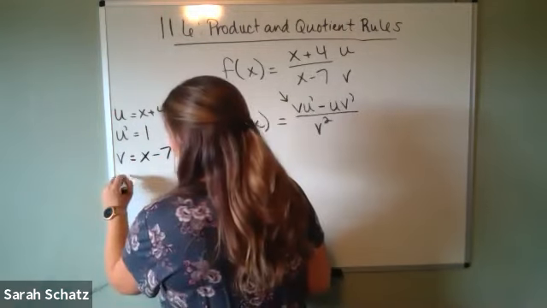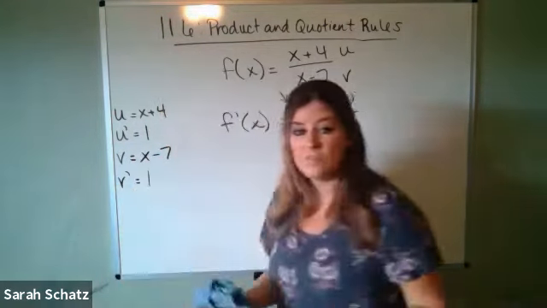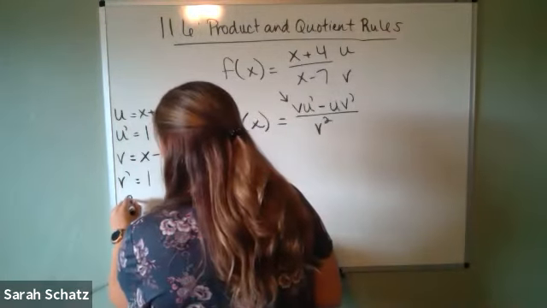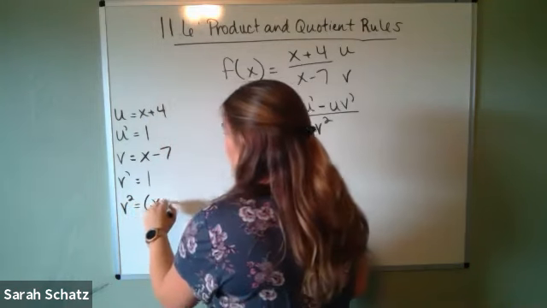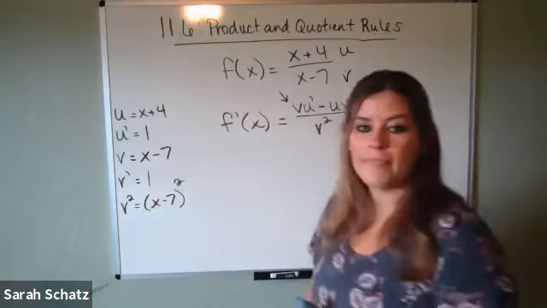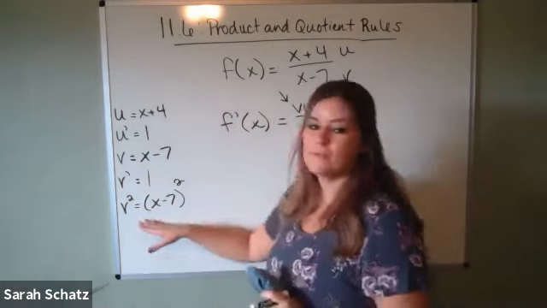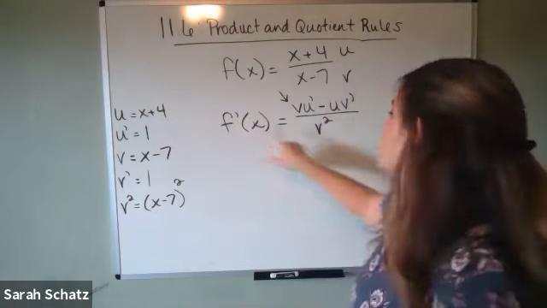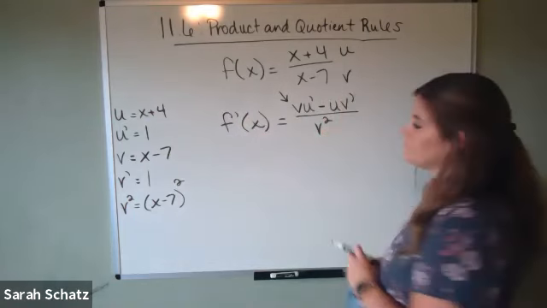So dv, again, is just 1. V squared, I would just write as the function v squared. So I'm just going to leave it like that, at least for right now. So these are the 5 things we need. We just have to remember how to put them in here.